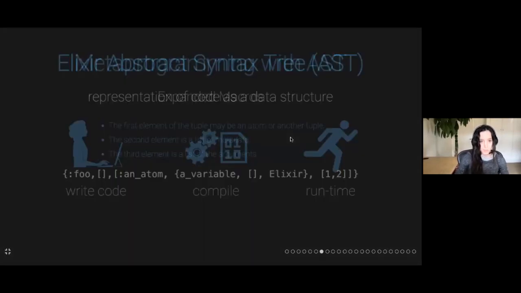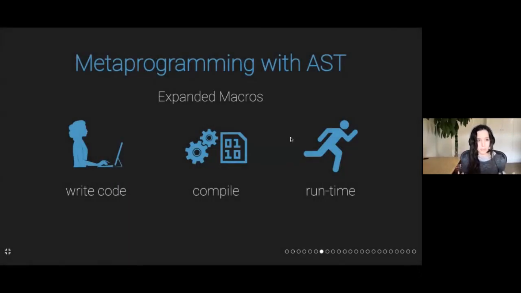Great. So how can we utilize metaprogramming with AST? Let's look again at our code development process. We write code, it compiles, and then it is executed at runtime. But if we break down that compilation step a little further, we can see some additional steps. First, the compiler produces an AST from our Elixir code, and we call this version the Elixir AST.